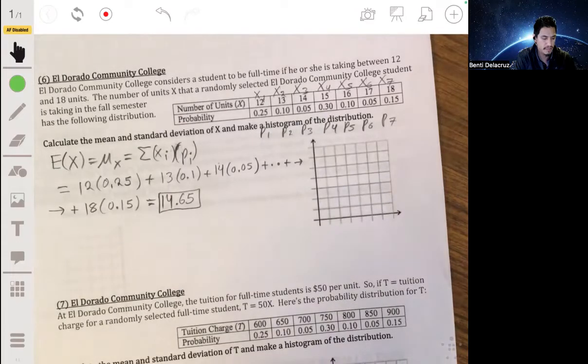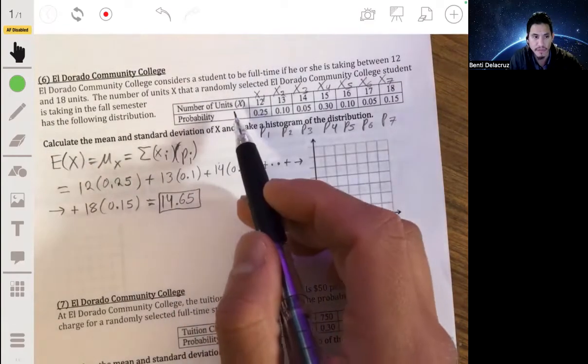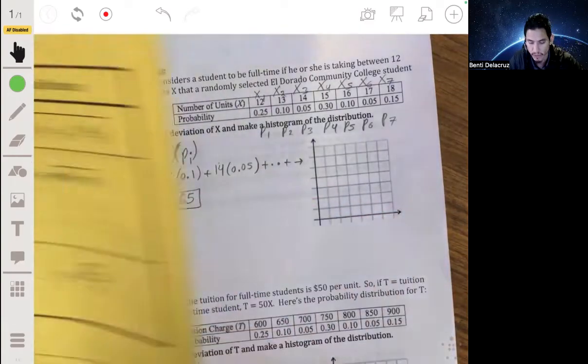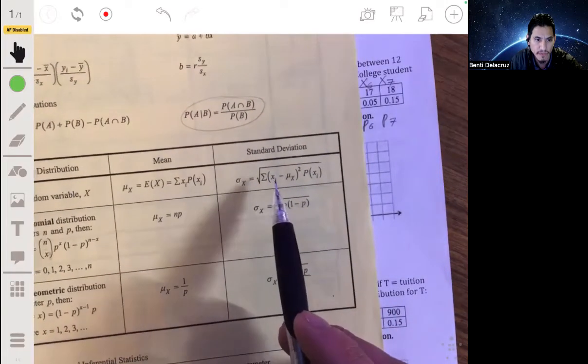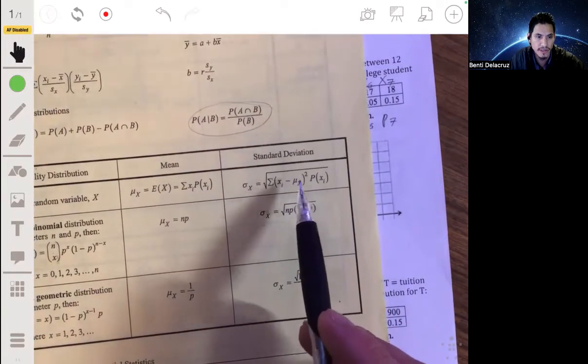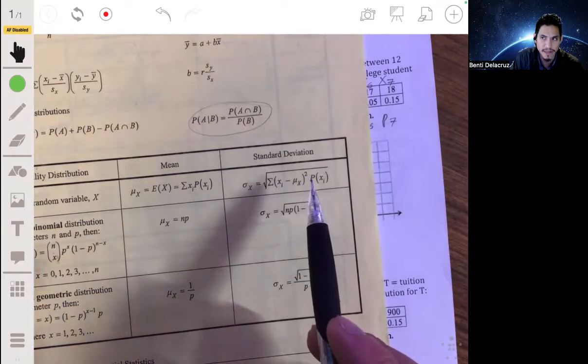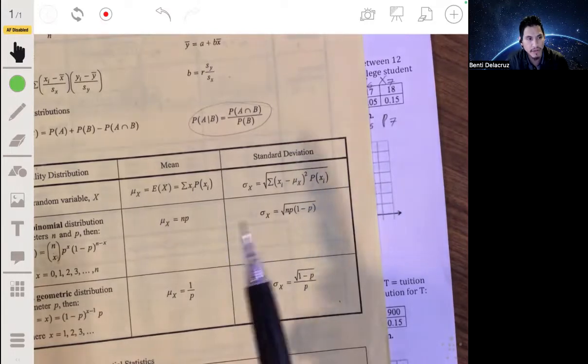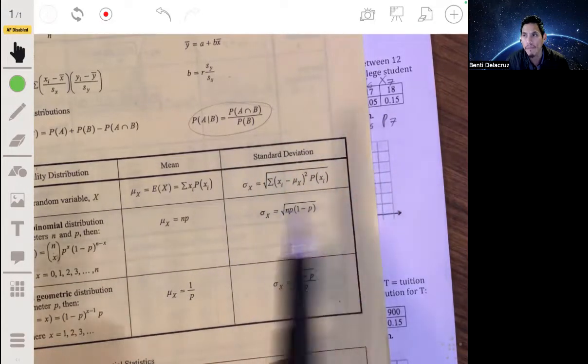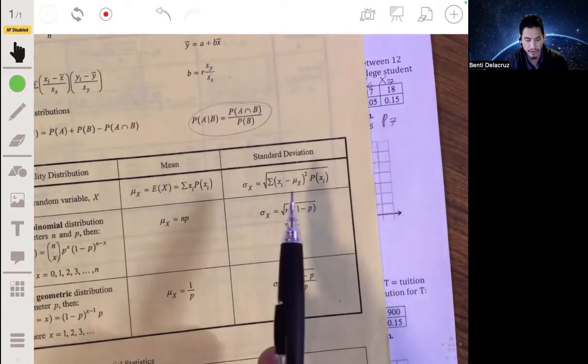Now the standard deviation of a random variable X, in this case the standard deviation of the number of units. You'll be given this formula, or some form of this. And again, it's just knowing the notation. Other than that, it's just an algebra calculation, which can be tedious at first, but usually when you get further and further in this course, they'll give you these values.